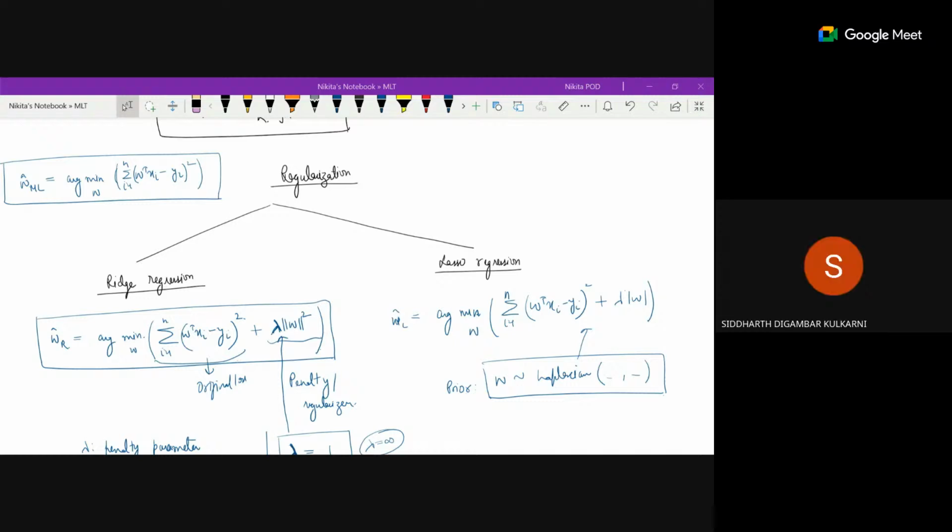Anything else? Madam, in yesterday's quiz, the answer keys have been released, and one of the questions was asking about the variance along the first principal axis. I think the answer to that question is given as 43.44, whereas I worked it out to be 18 point something.